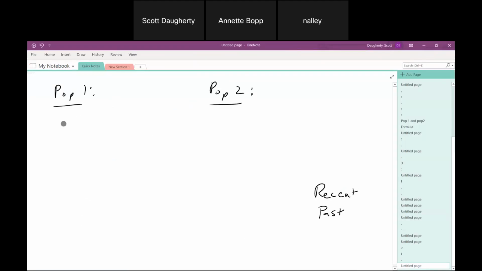The claim is that the variation in the eruption times is either the same or different. So in other words, someone would either claim that the variance here is the same as the variance here, or they're different.